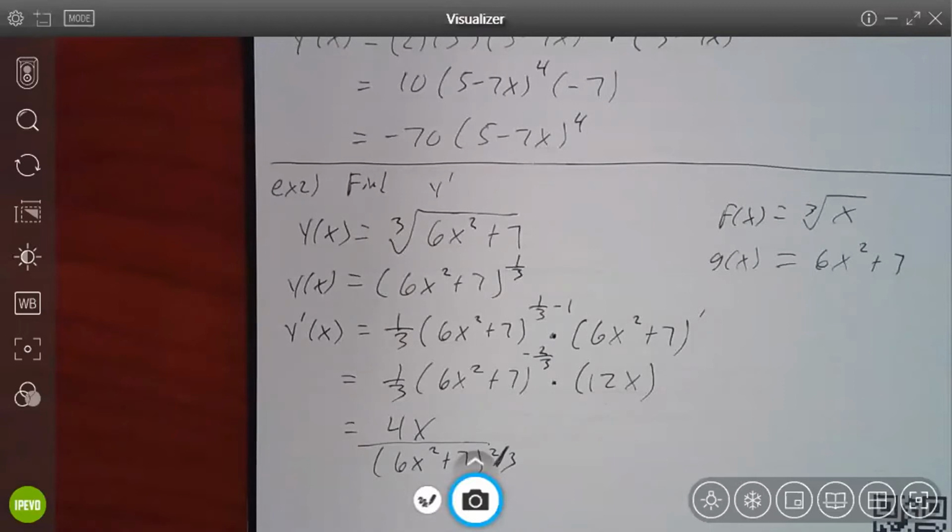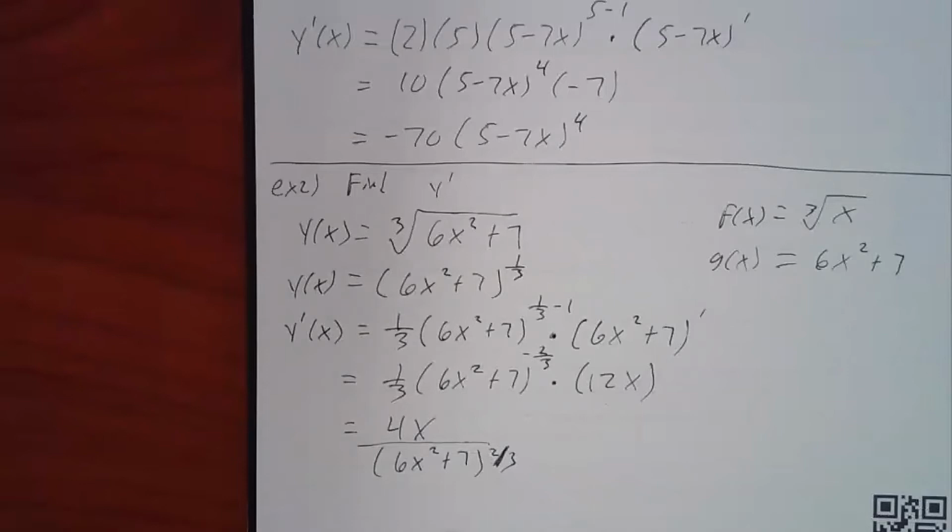All right, so as you go further in the chapter, you're going to have to do all the rules at the same time, basically. So there might be a product rule, and during the product rule, you may have to do a chain rule, and then during that chain, you might have a quotient. So it is possible to have every rule all at the same time.